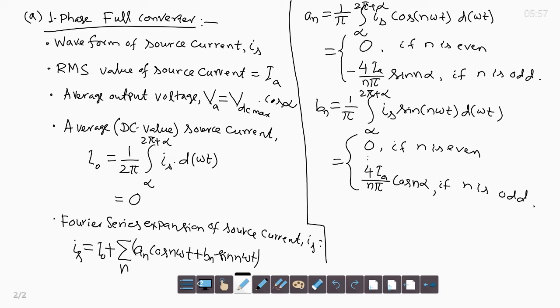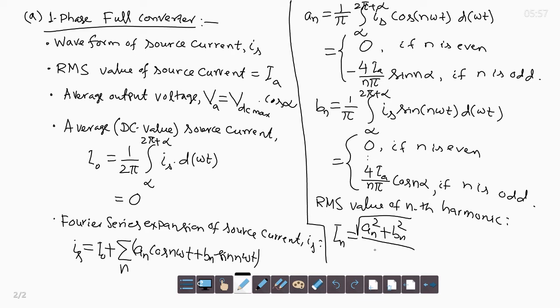With this, what is In, the RMS value of the nth harmonic? That is In equals root of An square plus Bn square, divided by root 2.